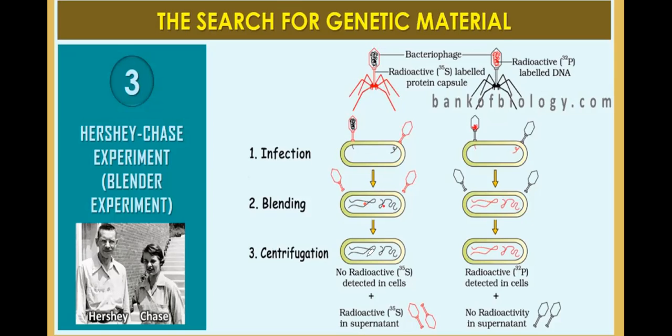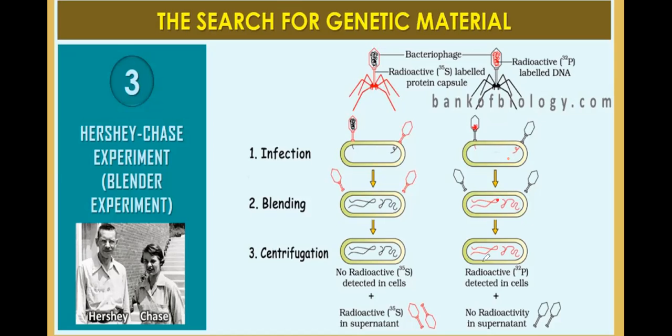Then there is blending. Inside this bacteria, no radioactive sulfur was detected in the cell. Radioactive sulfur was in the supernatant, the lighter material, where this radioactive protein was there. In the second case, where they labeled DNA with radioactive phosphorus, when the virus infects a bacteria, it injects its DNA inside the cell.